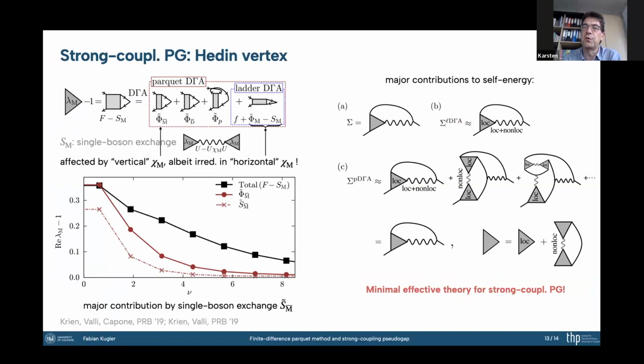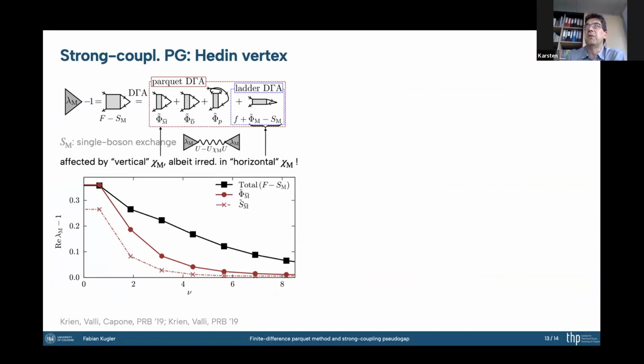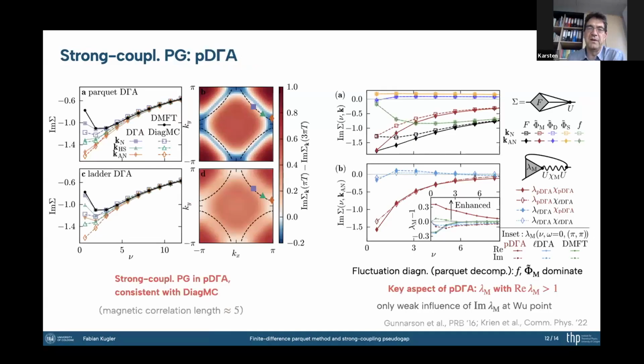So my question would be whether you looked at that at all, at lower temperatures. The figure you have here in D gamma A looks like it already starts to go towards a pseudogap. And of course, if the pseudogap temperature is slightly off, you have big differences.